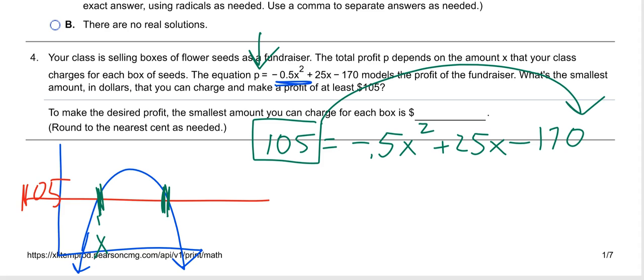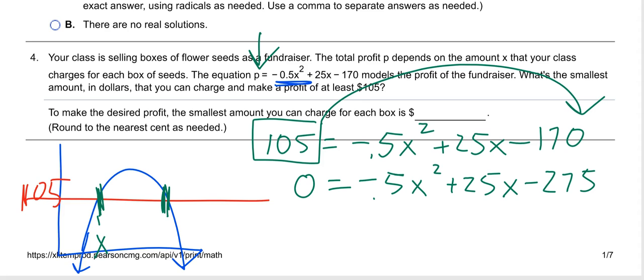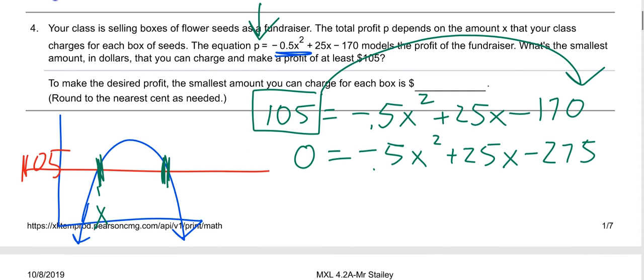Subtract it to the other side, because you cannot use any part of the quadratic formula unless it's set equal to 0, which we've done several times now. Okay. All right, go. Step number 1, find your discriminant. Then step number 2, use the rest of the quadratic formula.